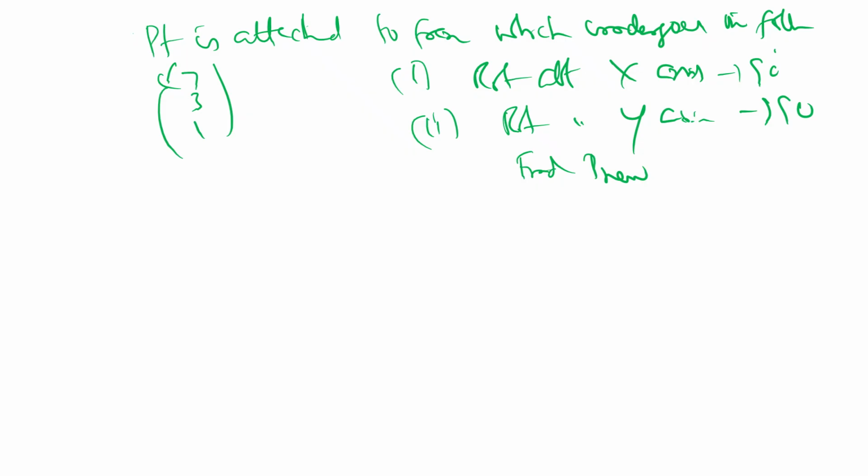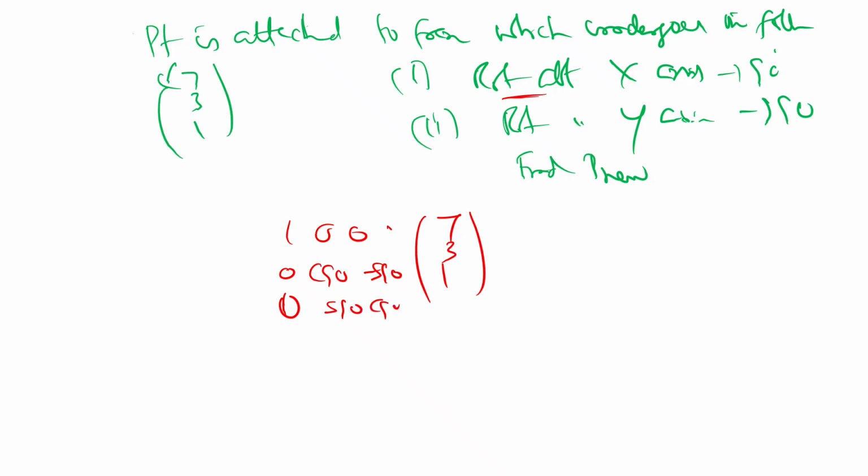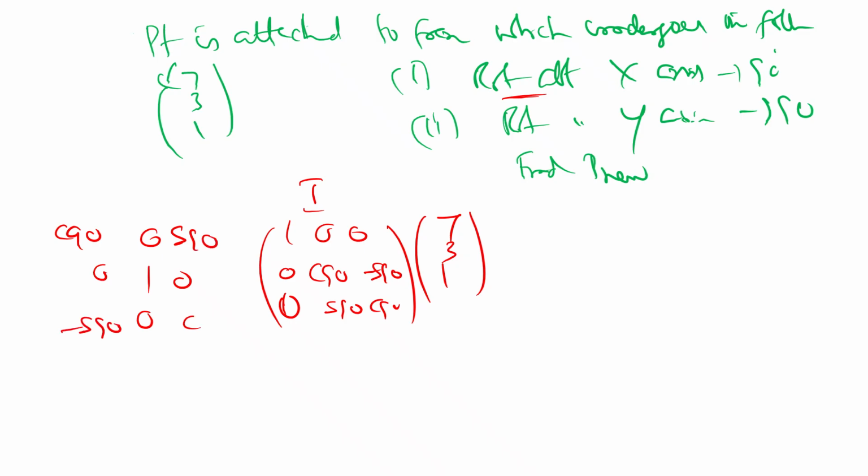So let's do that. First we have to attach the point 7, 3, 1. Then what is the first rotation? About the x-axis. X-axis means 1, 0, 0; 0, cos 90, minus sin 90; 0, sin 90, cos 90. Then the second rotation is about the y-axis: cos 90, 0, sin 90; 0, 1, 0; minus sin 90, 0, cos 90.